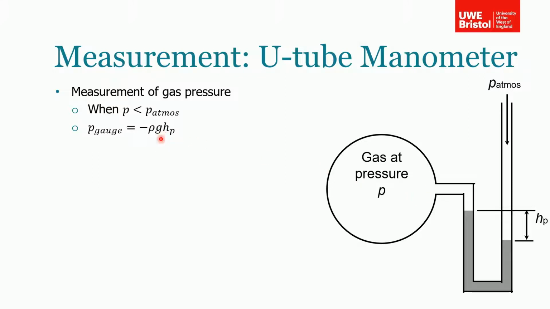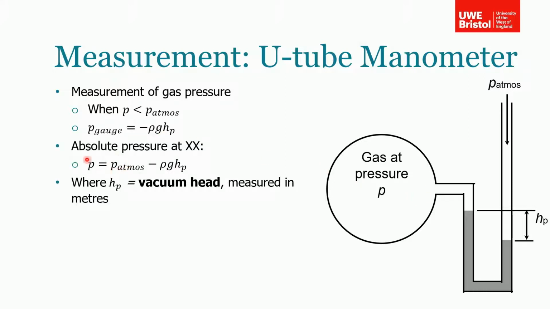Because the absolute pressure is the gauge pressure plus the atmospheric pressure, if your gauge pressure is less than 0, then it means that you must have a negative gauge pressure. Okay, and in this instance, the pressure head is referred to as a vacuum head, because you're sub-atmospheric.